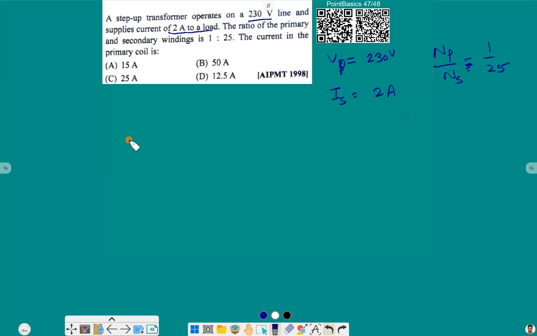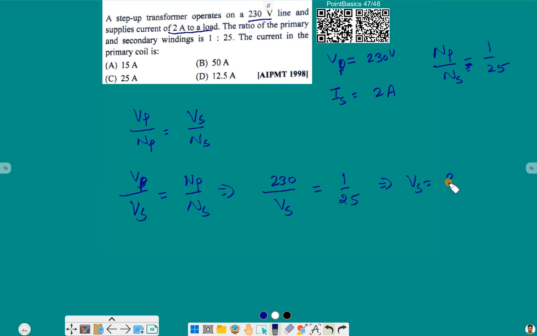So again we know that Vp by Np is equal to Vs by Ns. From this we can write Vp by Vs is equal to Np by Ns. Now Vp is 230, Vs we will find out, and Np by Ns is 1 by 25.